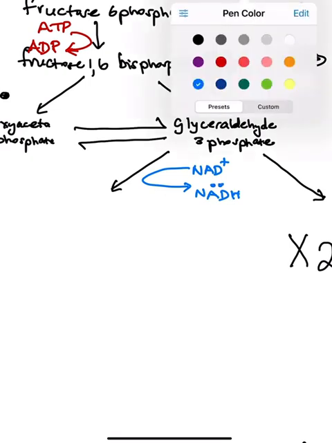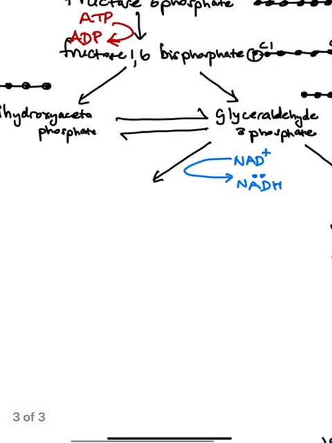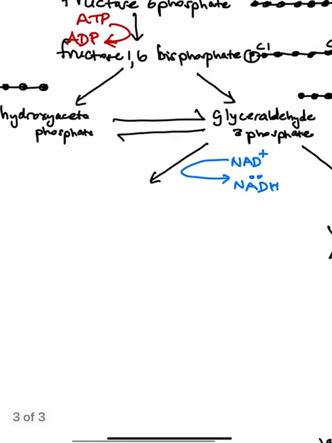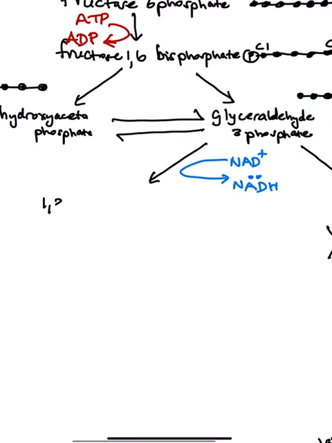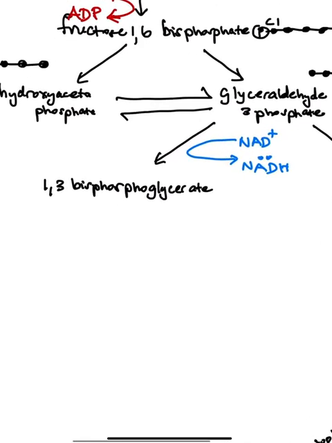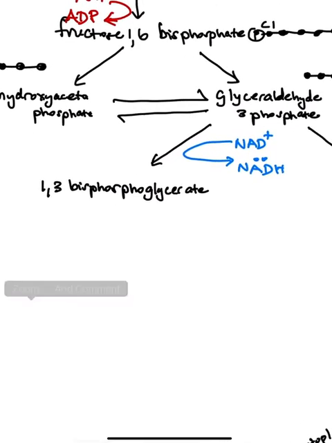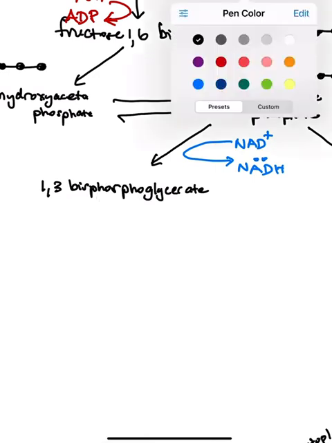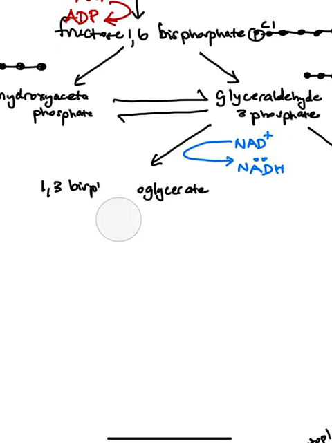And this will form for us a molecule of 1,3-bisphosphoglycerate. Of course, there's also an enzyme involved here. This molecule of bisphosphoglycerate will be changed in the next step into a molecule of 3-phosphoglycerate.